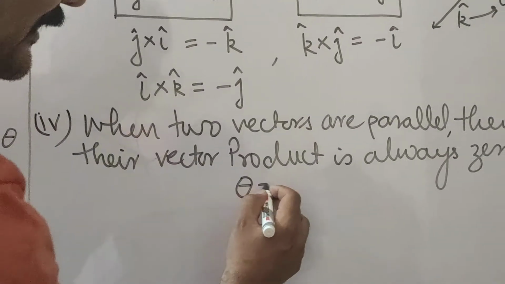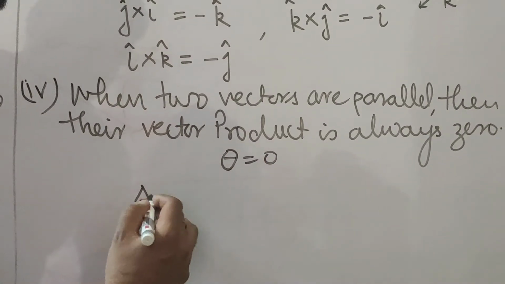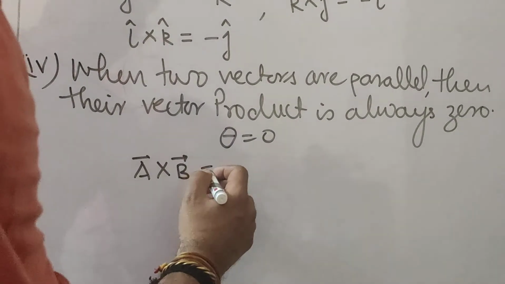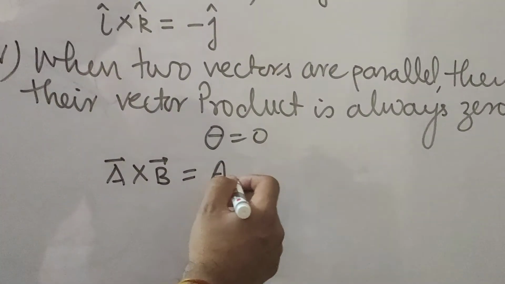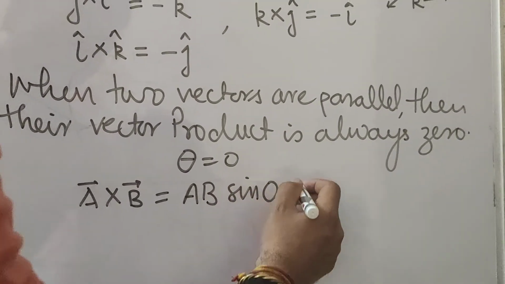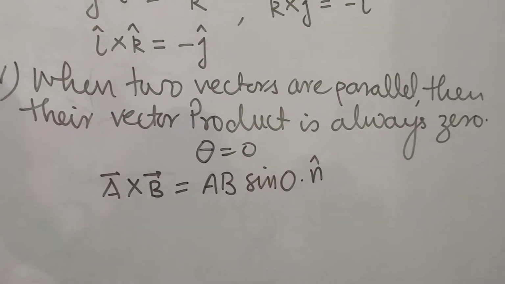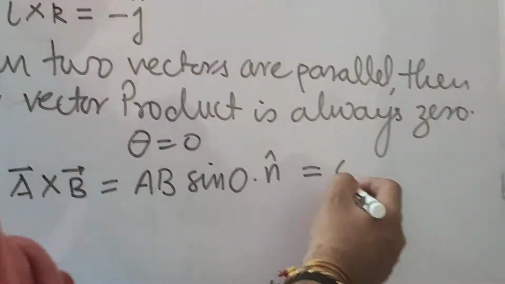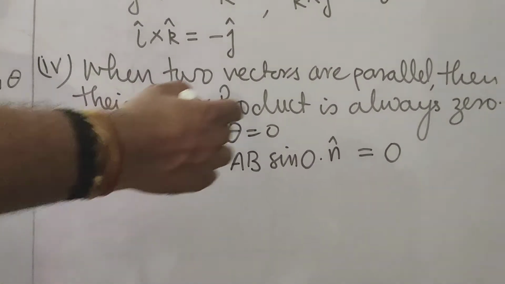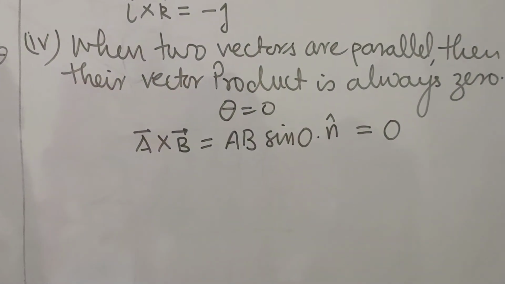If they are parallel, then theta is 0. Now, A cross B, if A and B are parallel, is AB sin 0 n cap. Sin 0 is 0, so you can write 0 or the zero vector. That is no problem. So A cross B is equal to 0.